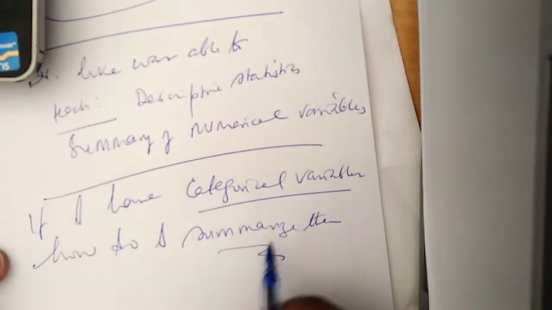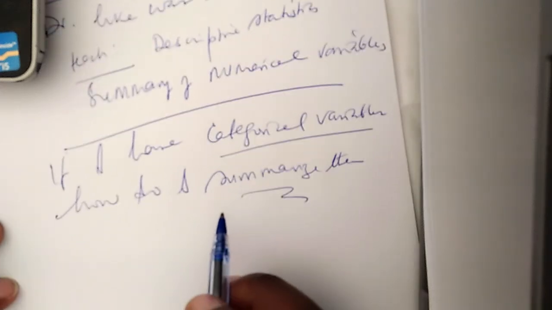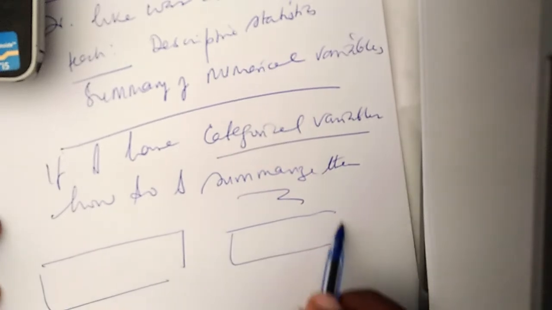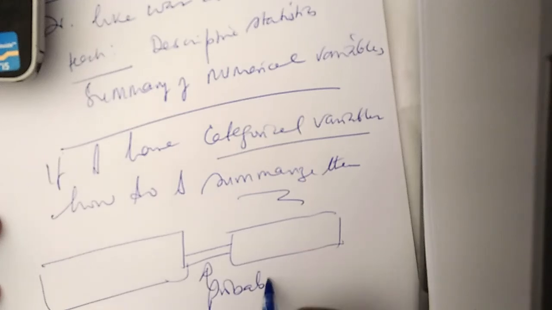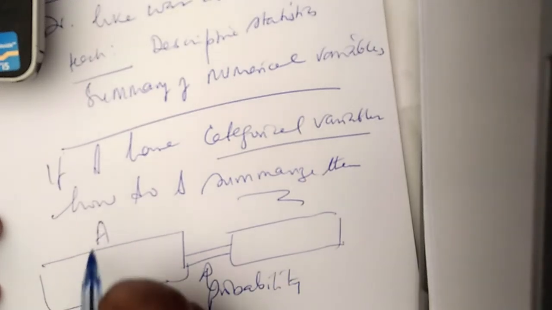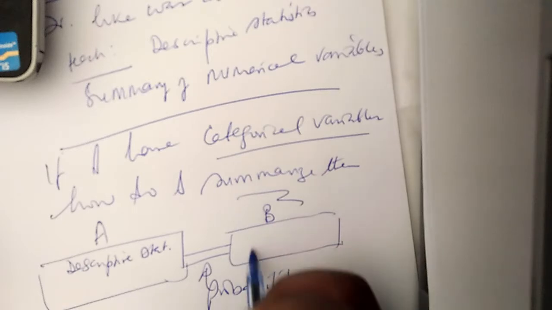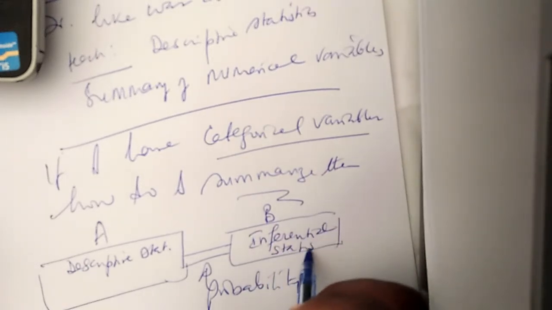Now, this issue of summary, we are following the definition of biostatistics. We said biostatistics is in two blocks, joined by a junction which we called probability. This block A is called descriptive statistics, and block B is inferential statistics.